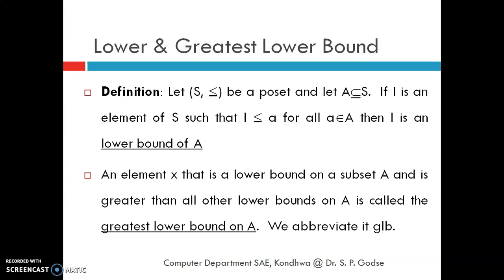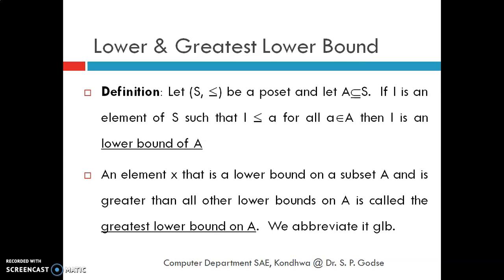Here A is a subset of the given poset S. L is called a lower bound if L is less than or equal to all the elements present in set A.